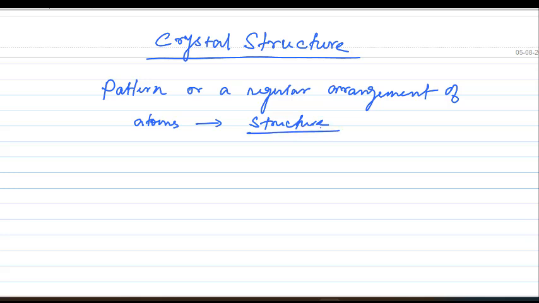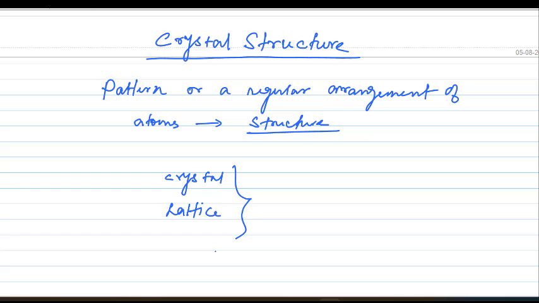But that is not all, because we need to understand how a crystal structure is formed. I mean, what is the basis of that? If you want to understand that, you have to understand a few more terms. First of all, you need to understand what a crystal is, and in order to understand this, you also have to understand another term known as lattice. These are the two terms that you would come across first when talking about crystal systems or crystal structure.